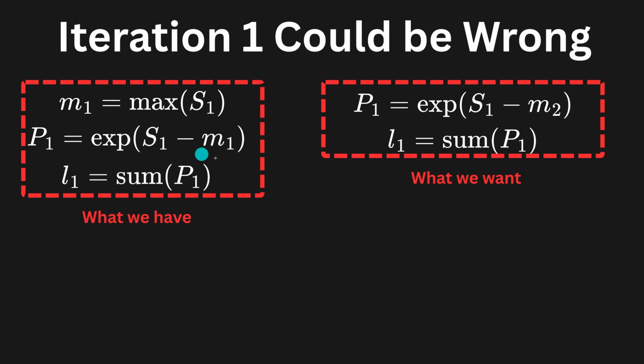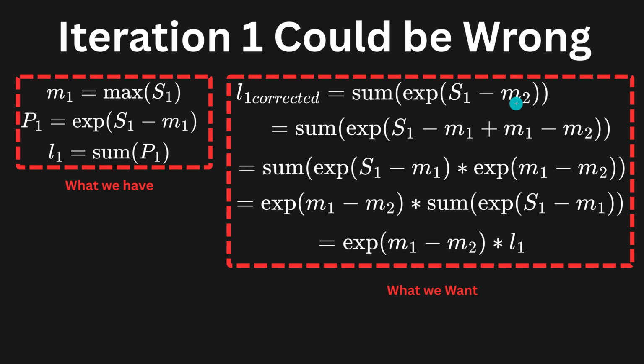This had a max of M1, because that's all I knew then. In that iteration, M1 was my max, but M1 could have been replaced with a brand new M2, my new max. And so this is the same update rule as before. The corrected L1 is the same step. We're going to do the sum of exp S1 minus M2. We add and subtract things, so it's going to be S1 minus M1 plus M1 minus M2.